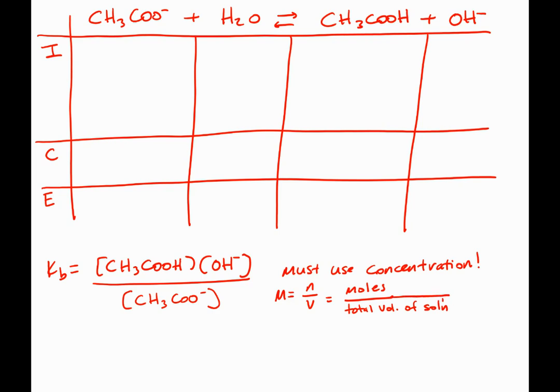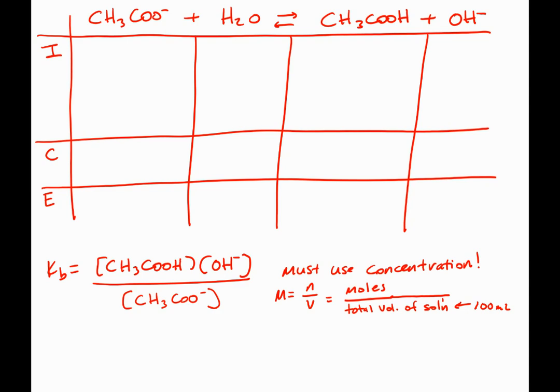Because when you did this titration, you added 50 milliliters of sodium hydroxide to 50 milliliters of acetic acid. That changes the volume of the solution, right? After you've mixed these two things together, you now have a solution with 100 milliliters of total volume. So you must use the 100 milliliters of total volume when you find the molarity of the acetate ion.